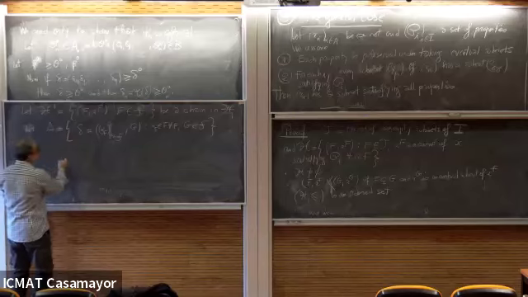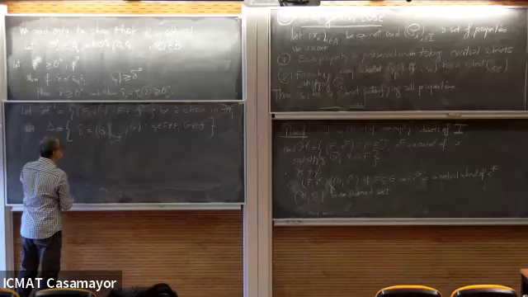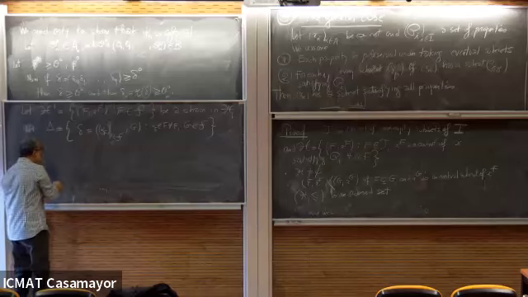So first we put a preorder here and show that delta is directed, and then define our net.